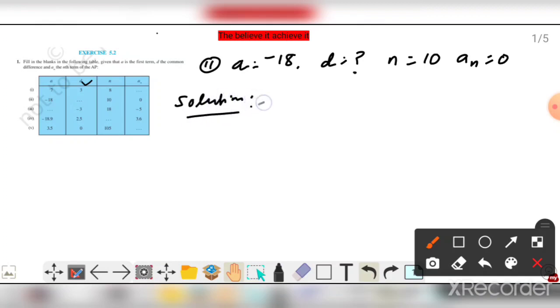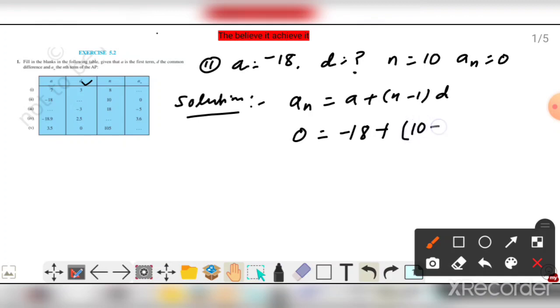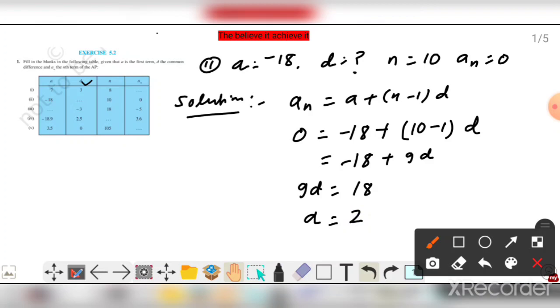What is the formula for finding An? An equals A plus n minus 1 into D. An is 0, A is minus 18 plus n is 10 minus 1, D we have to find out. So we can write this as minus 18 plus 9D. Let's simplify it. 9D equals 18, D is equal to 2.